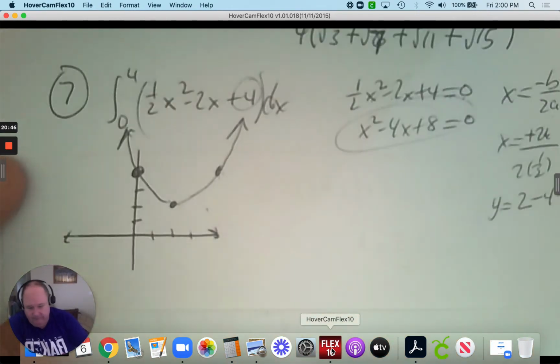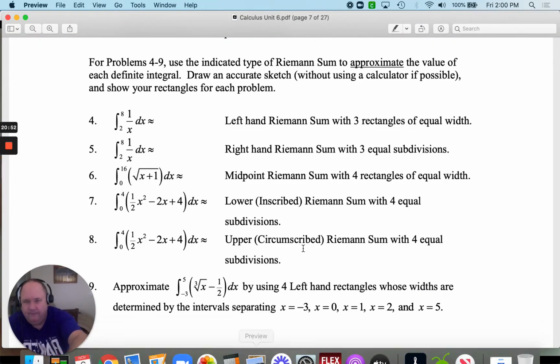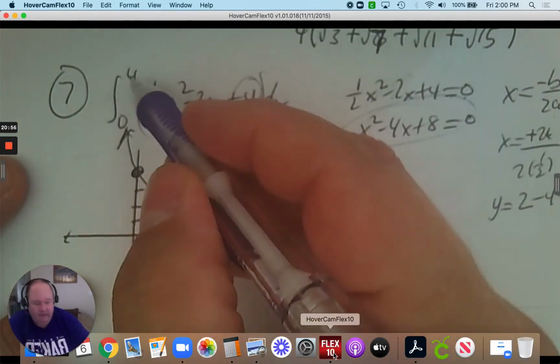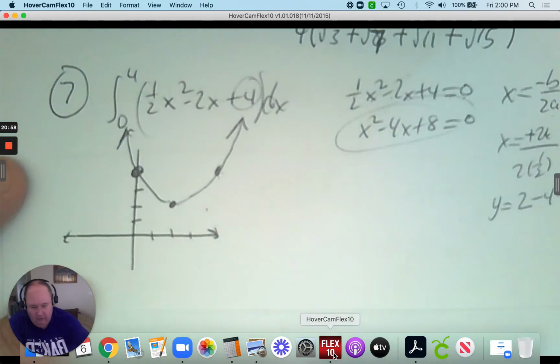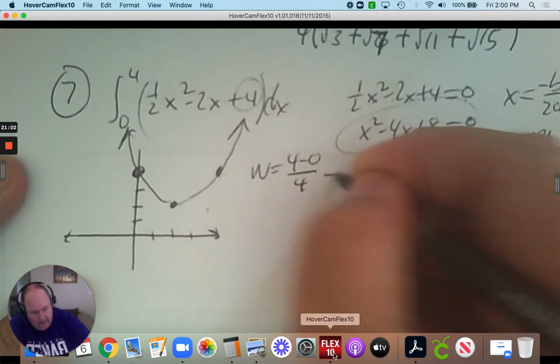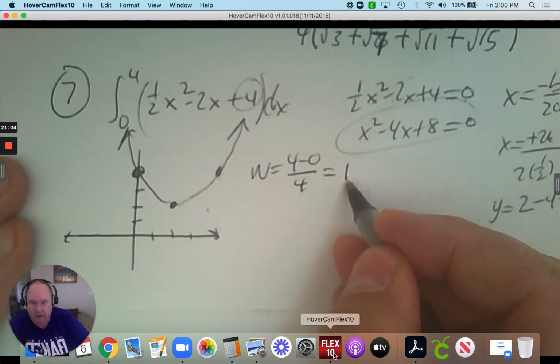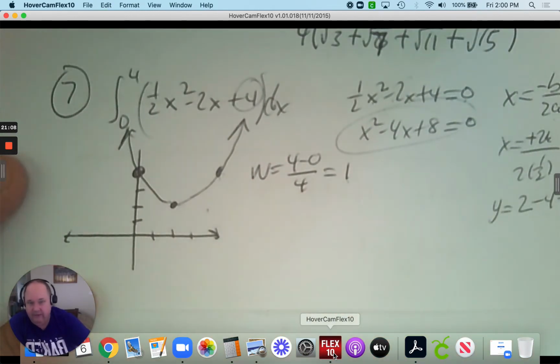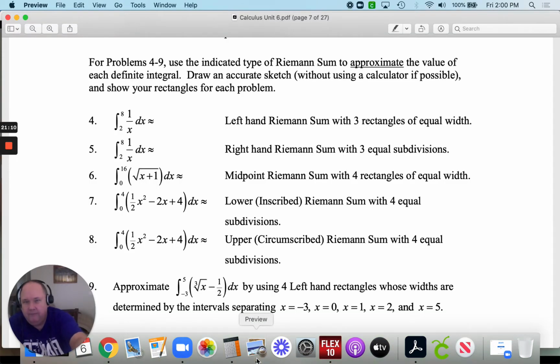There it is. The first one is a lower limit, and it says each rectangle is 1, right? 4 equal subdivisions. So if I take the upper limit, subtract the lower limit, and then divide by 4, the width of each one is 1. So if I look at 0 to 1, is the first one upper or lower? Lower.